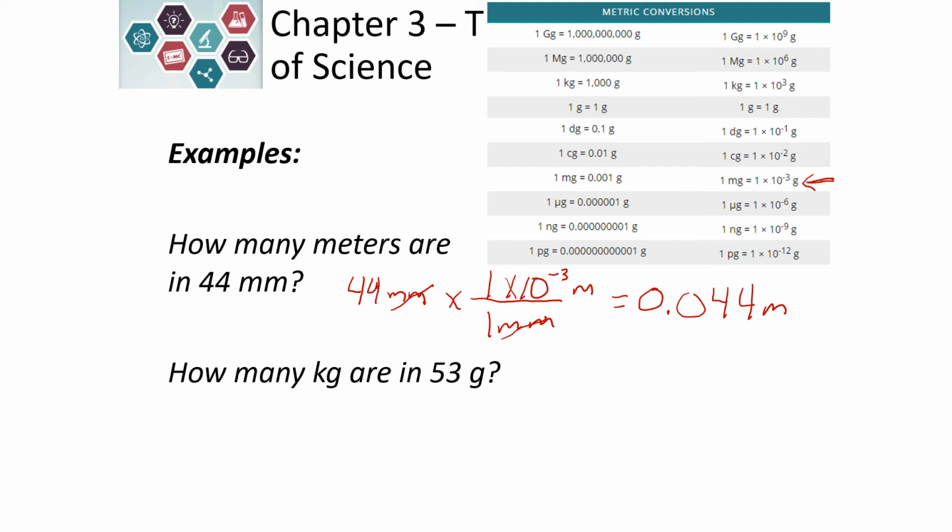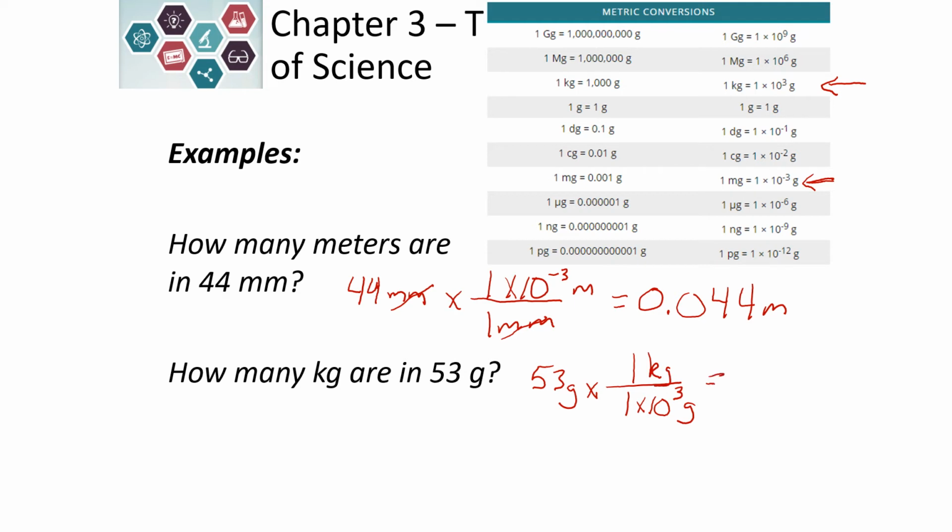How about if we do how many kilograms are in 53 grams? Again, we start with the 53 grams. We find our kilo, so kilograms is higher on our table. So 1 times 10 to the 3rd grams in 1 kilogram.